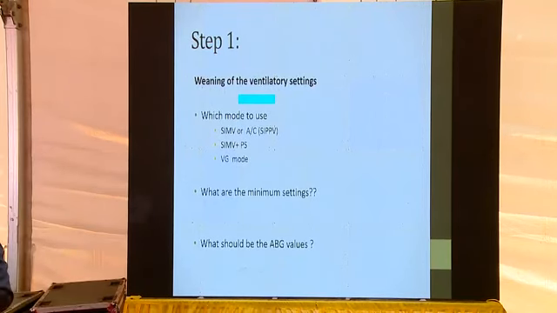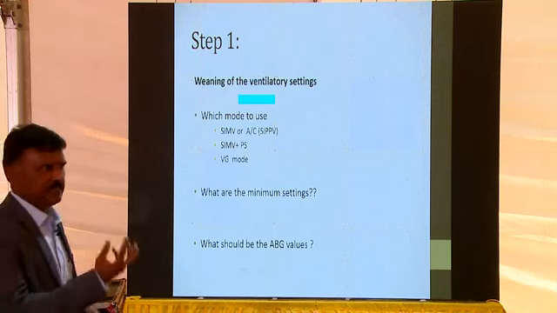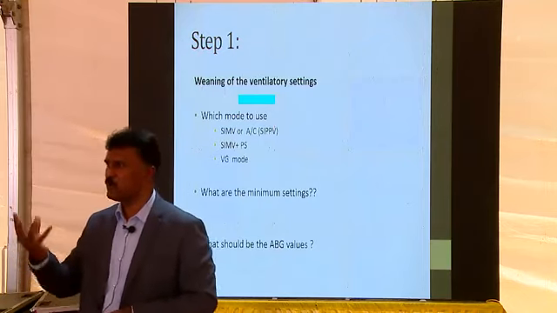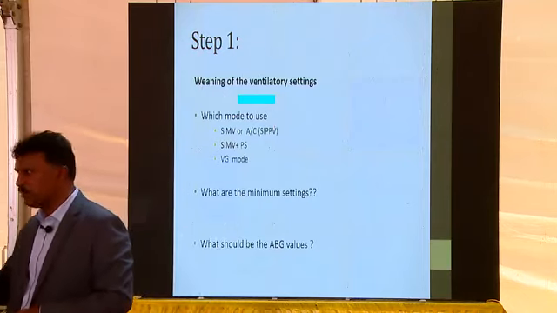Why do we do that? Why can't I bring the PEEP down to 1 and then stop? There is a physiological PEEP, and the physiological PEEP is 3. When I am on a ventilator, whatever is set, that is the physiological PEEP. So you can't come below 3. The minimum is 3.